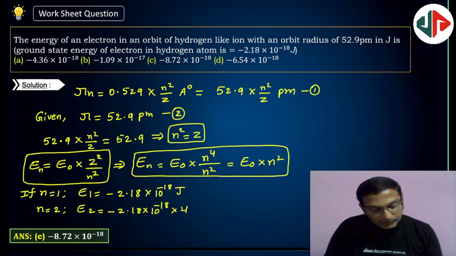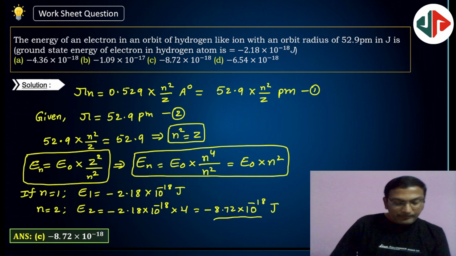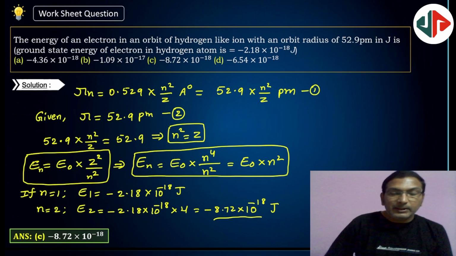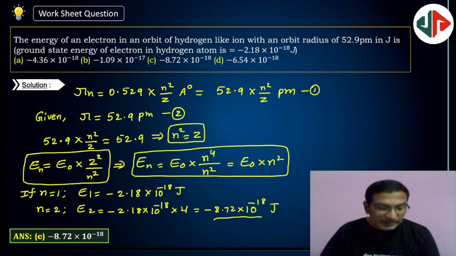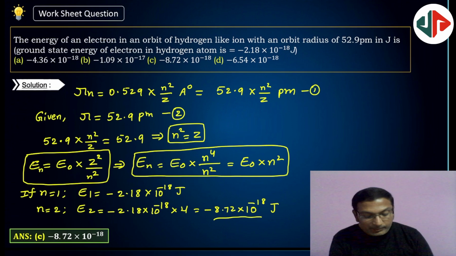N square means 4, which is equal to minus 8.72 into 10 power minus 18 joules. We have this value in options. So if n equal to 1, that option is not present in options. E2, if n equal to 2, we got minus 8.72 into 10 power minus 18 joules. It is present in given options. Therefore, option C.